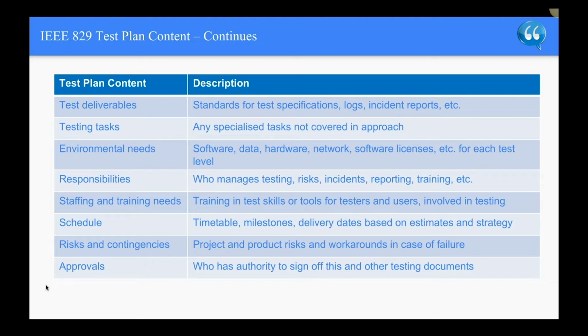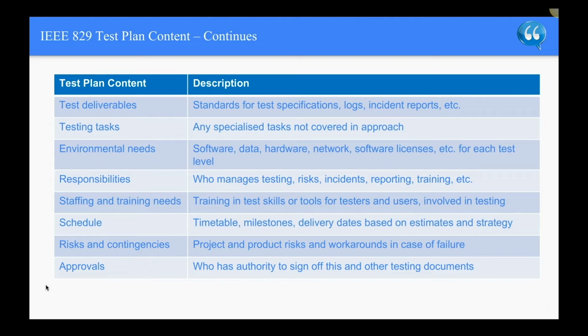You might find that you need to give some more instructions to juniors or to other people in the business that are not testers. You need to show them where to get to things and how to go through the tests. Then the schedule: the timetables, the milestones, delivery dates based on the estimation strategy.